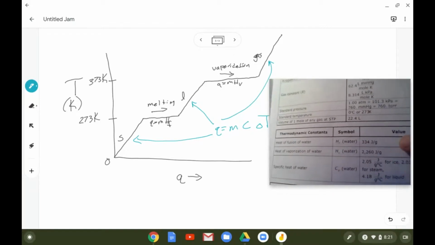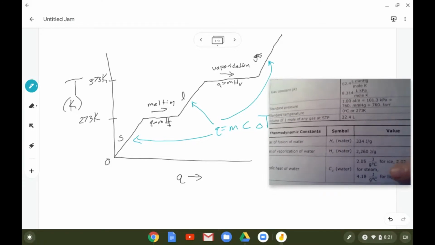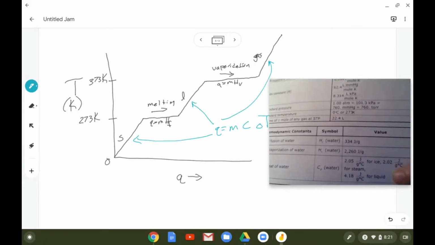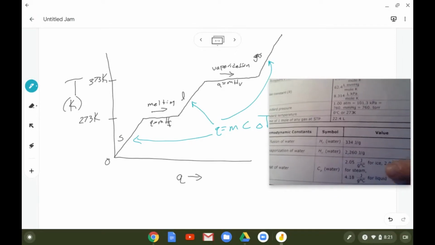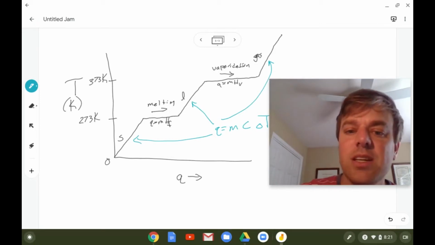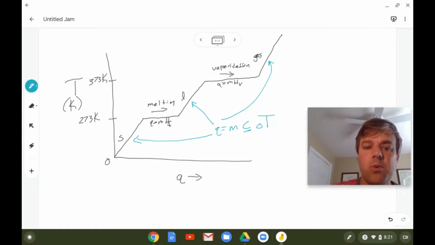You have the heat of vaporization for the liquid vapor transition. And then you actually have 3 different specific heat constants depending on whether you're talking about a solid, a liquid, or a gas. So the actual value of the specific heat constant C changes depending on what point in this curve you're on.